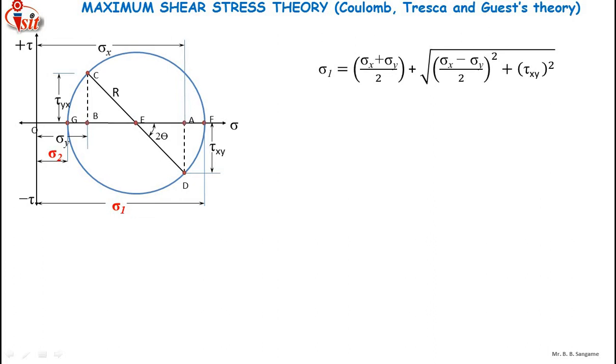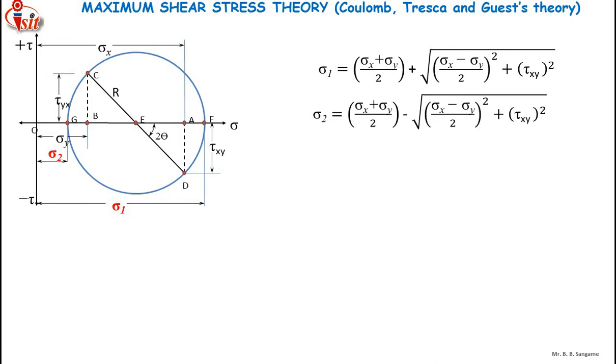Minimum principal stress sigma 2 is equal to (sigma x plus sigma y) by 2 minus root of ((sigma x minus sigma y) by 2) squared plus tau xy squared. And maximum shear stress tau max is equal to plus minus root of ((sigma x minus sigma y) by 2) squared plus tau xy squared. So here you can see that the maximum shear stress is the radius of this circle.